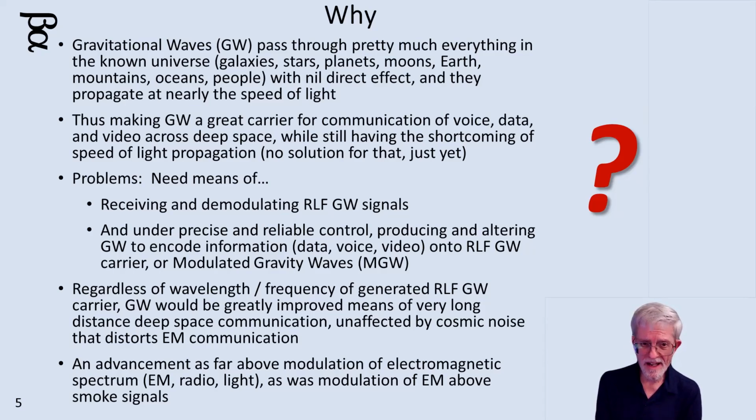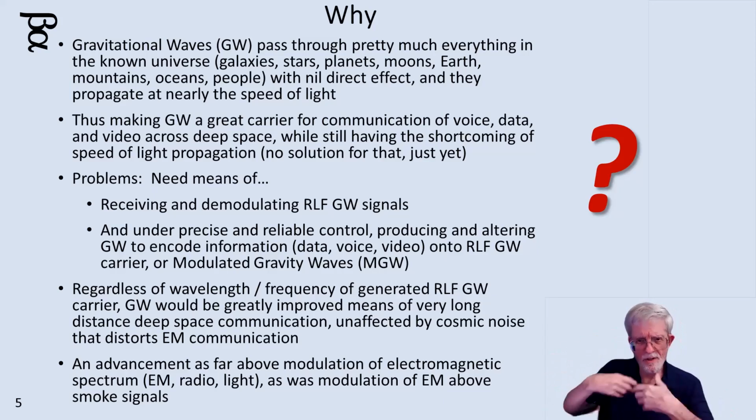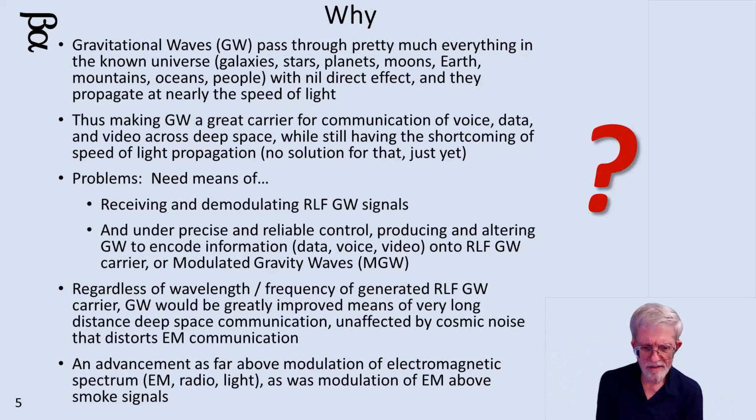Now you have to have an ability to very precisely generate specific wavelength, specific energy level gravity waves. And that's where we get the concept of modulated gravity waves. Can you produce a gravity wave as a carrier, and then can you adjust that carrier to encode data on it so you can now have a modulated gravity wave? It doesn't matter whether we start out with the really long gravity waves or not.